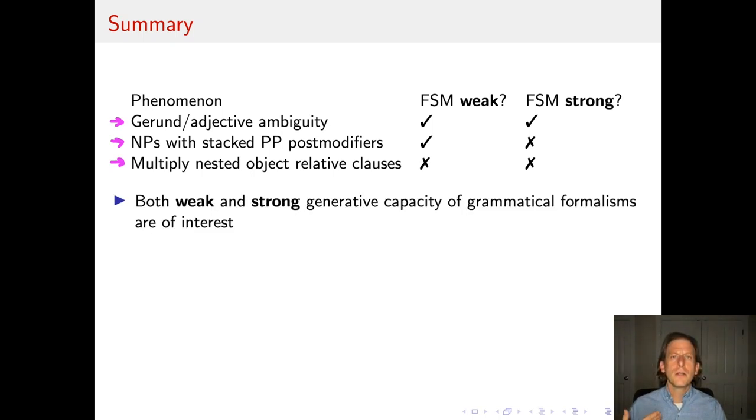So, bumping up a bit, both weak and strong generative capacity of grammatical formalisms are of interest. Weak is like, does your model actually predict what is and isn't in English in terms of word sequences? What word sequences do and don't constitute legitimate English? Strong generative capacity is about something additional. It's about, am I describing the strings that are in the language in ways that correspond to the kinds of descriptions that I want?